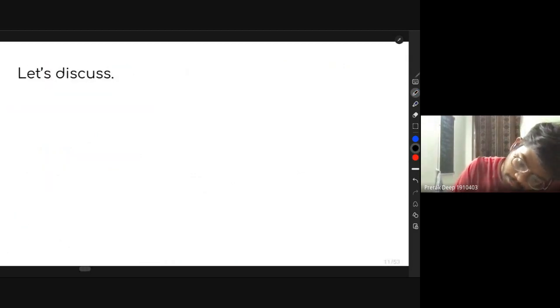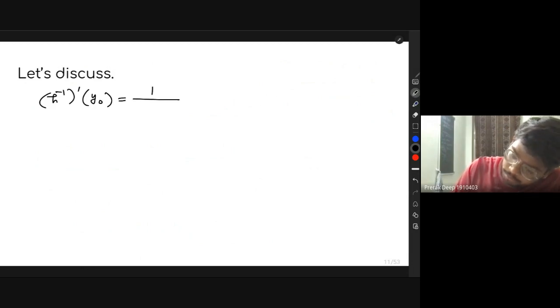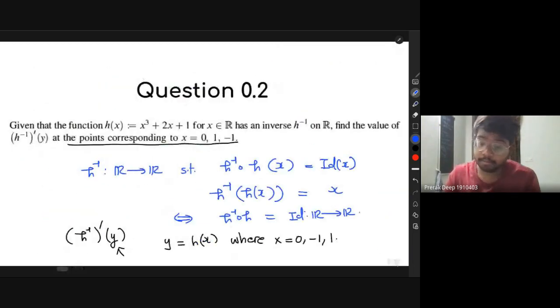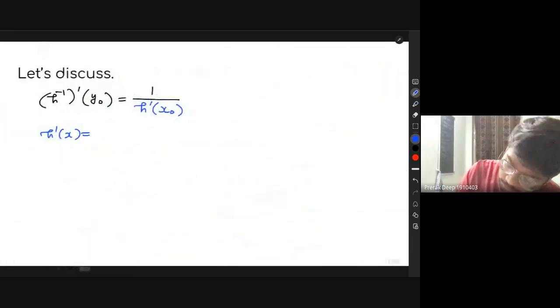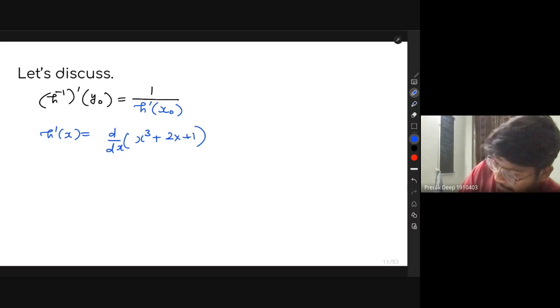What will be the derivative of h inverse at y naught? It will be 1 over the derivative of h at x naught. So first let us calculate h prime of x, which is the differentiation of x cube plus 2x plus 1.